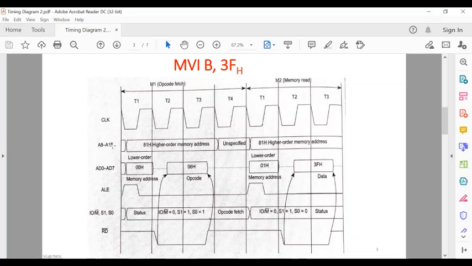How many signals are required? These signals are required for every timing diagram: the higher order address bus A8 to A15, the lower order multiplexed address and data bus AD0 to AD7, the ALE signal, the status signals IO/M bar, S1 and S0, and one control signal, whether it is read or write based on the function.